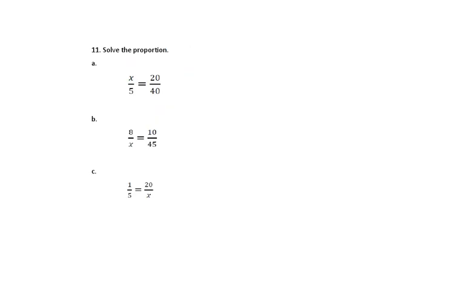Alright, with the proportion, it's always cross multiply and divide. x times 40 is 40x. 5 times 20 is 100. Then divide 100 by 40 and you have your answer. It's 2.5.